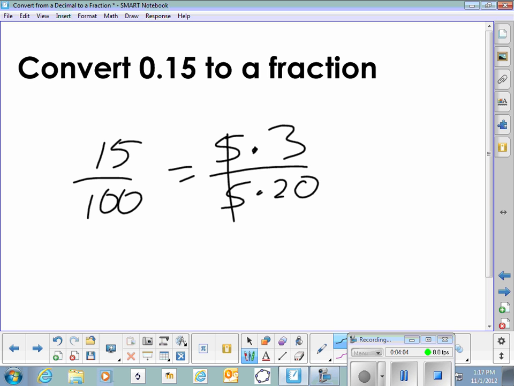I can cancel a factor of 5 that's both on the top and on the bottom. 5 divided by 5 is 1. So that fraction reduces to 3/20. 3 is not a factor of 20. So that is as simple as that fraction goes.